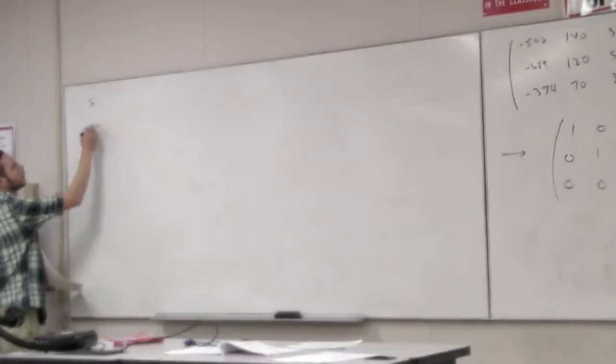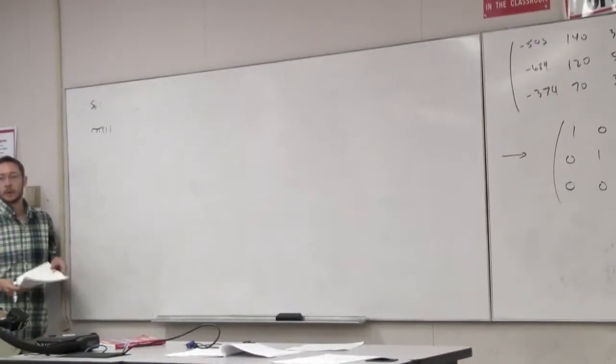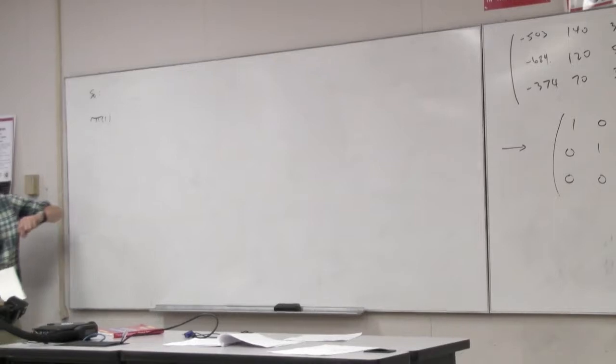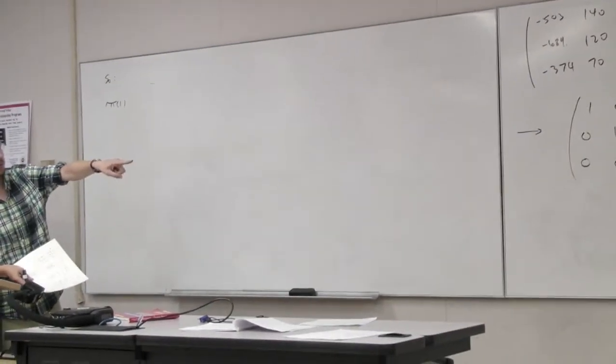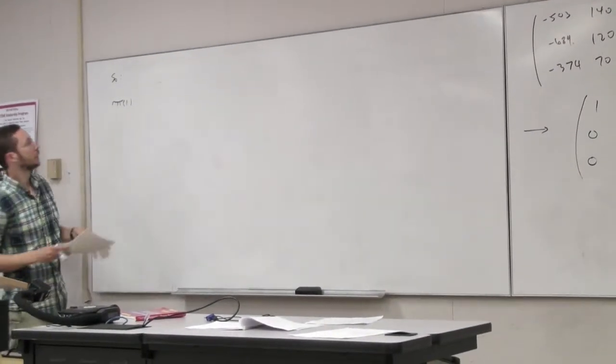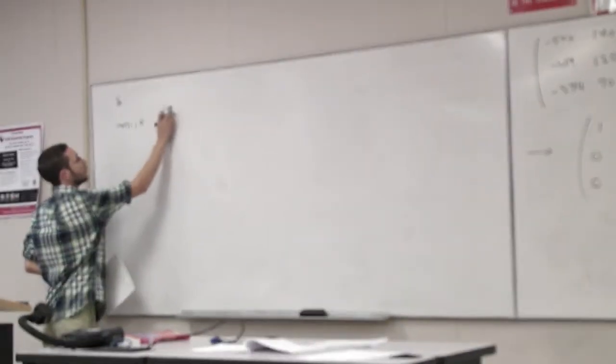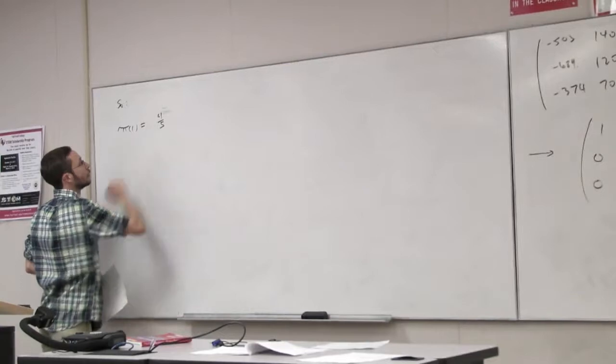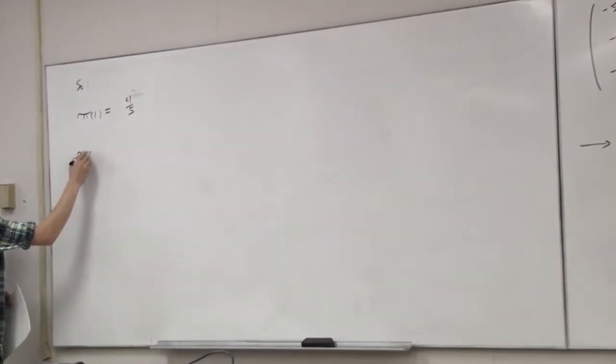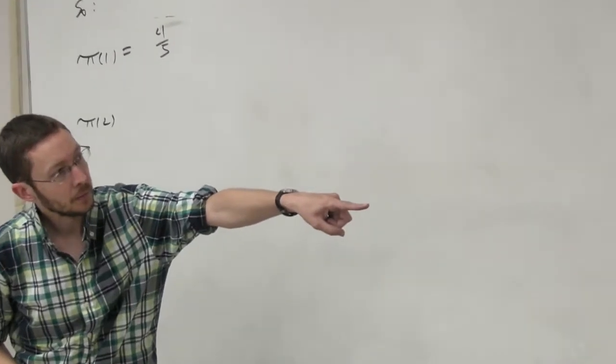Pi of 1 says take y1 over y0. y1, we know, was 4/5 y0, and so pi 1 is going to be 4/5. Pi 2 says take y2 over y0.